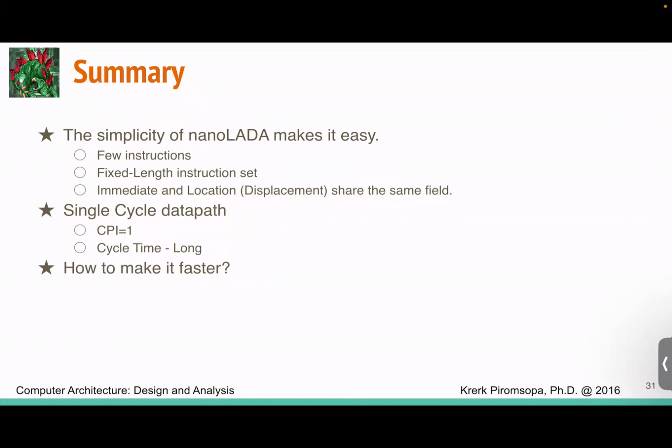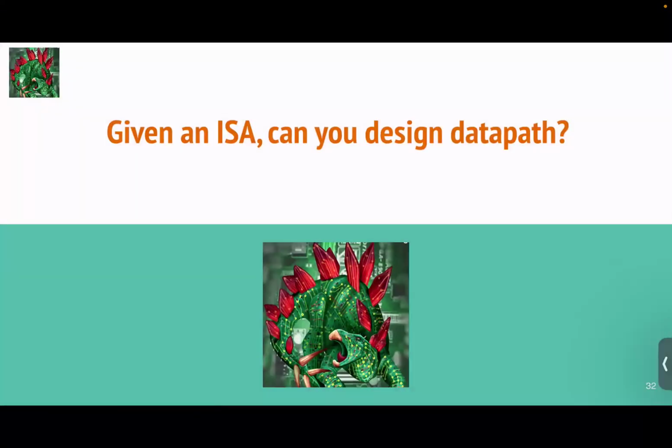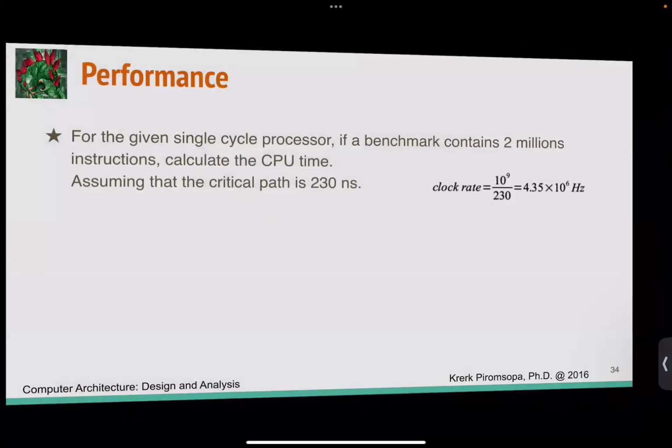It's a bad design in a sense, but just to give you the idea about how to make the datapath. Next week, we will try to make it faster and we will learn how.